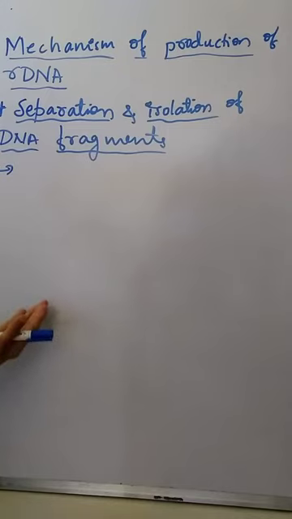The gene of our interest may be present in a plant body, an animal body or any microbial body. First, we need to treat the viruses, plants or animals with restriction endonuclease enzyme to cut the DNA molecules into fragments.